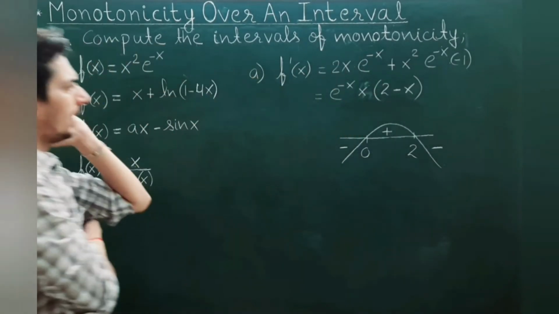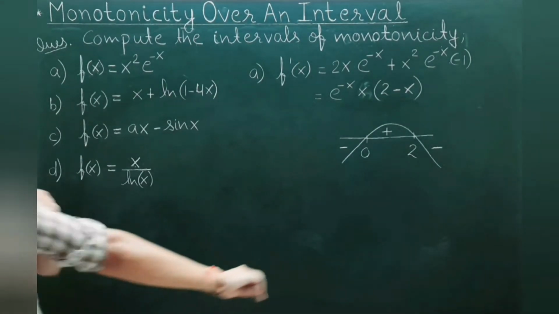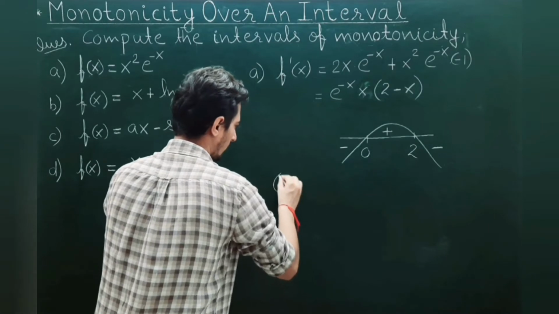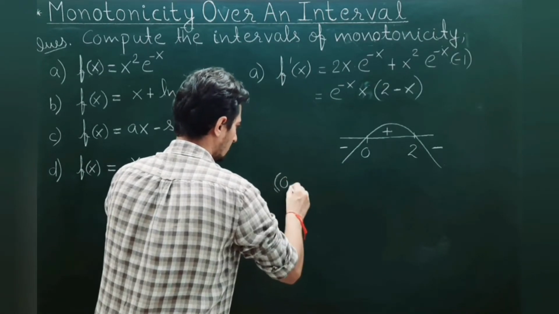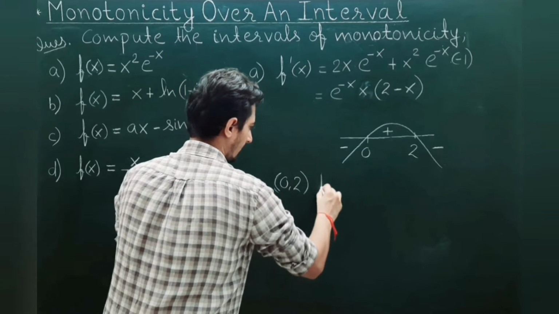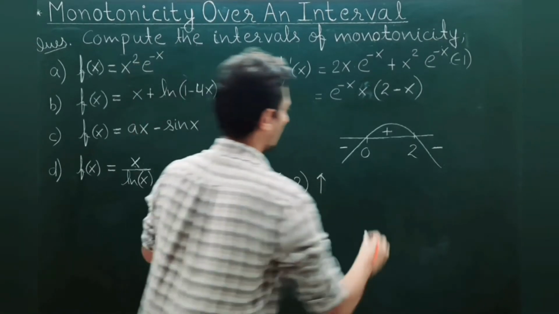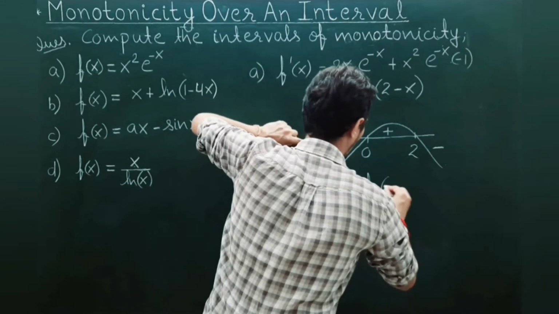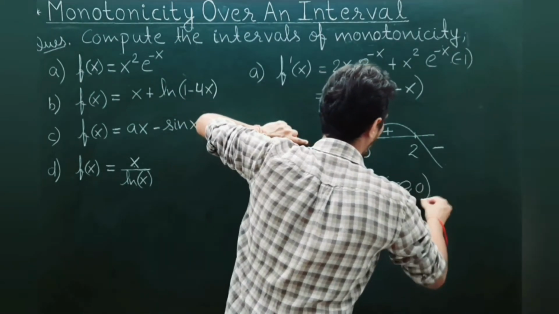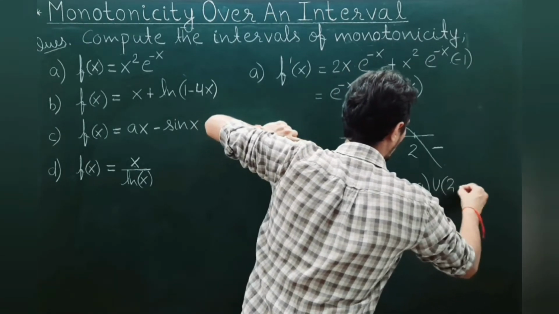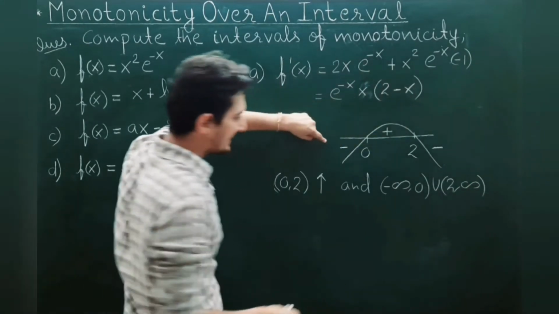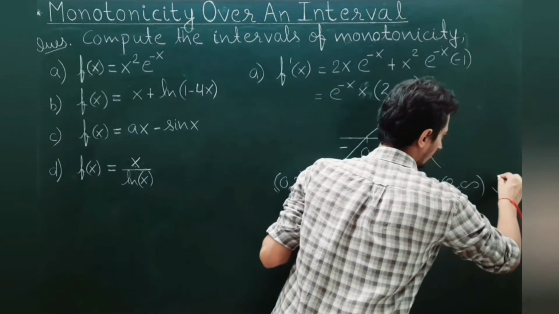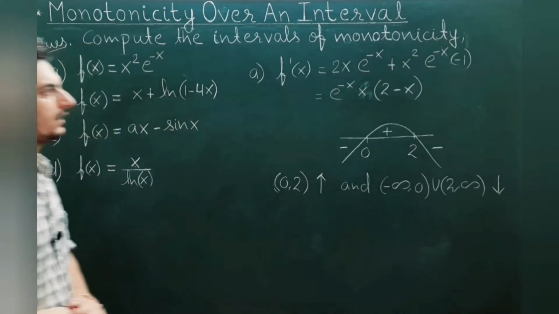Okay, so I can see that f dash x is positive in 0 to 2, or you can say that in interval 0 to 2 f(x) is increasing, and from minus infinity to 0 union 2 to infinity, where f dash x is negative, the function is decreasing, right? So this is our answer.